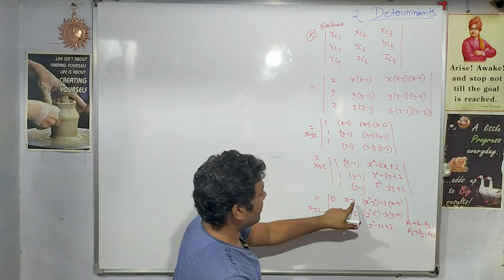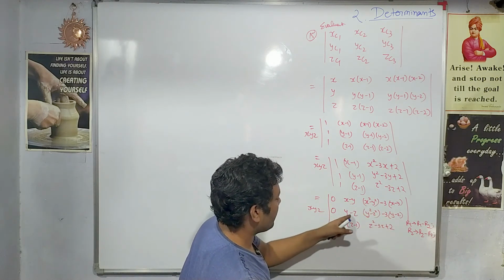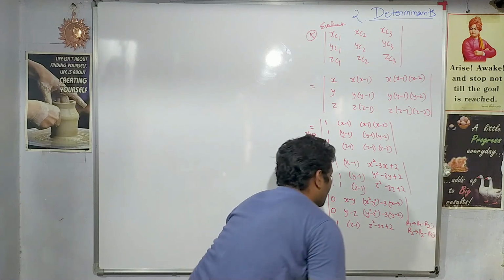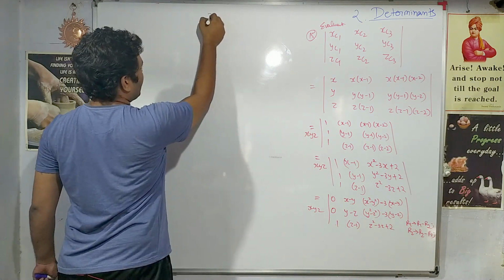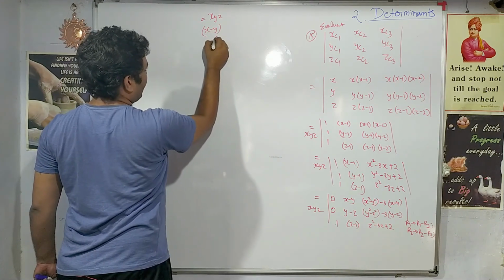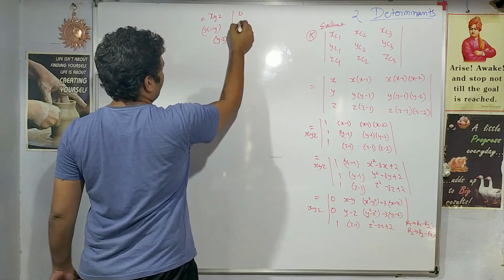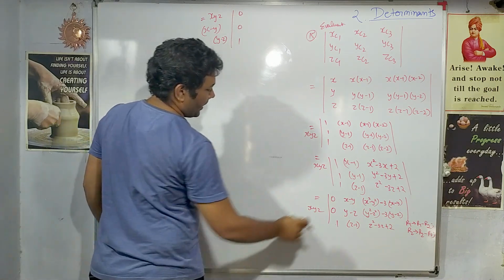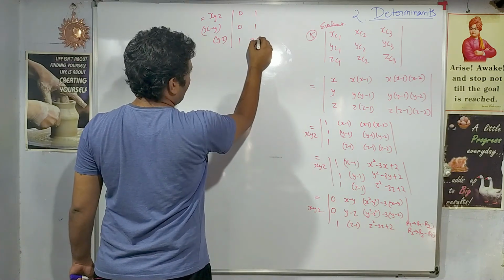Now I have something common, x minus y from the first row, and from the second row I have y minus z common. So let us do that. So x, y, z we already have. x minus y, then y minus z, right? 0 0 1. x minus y common, so 1 1 z minus 1.